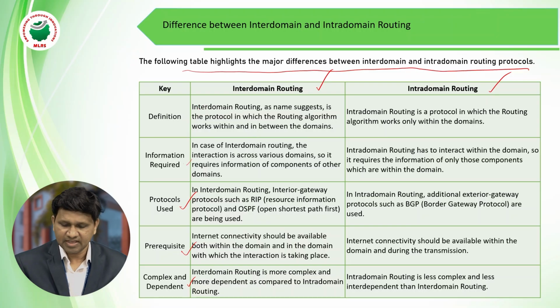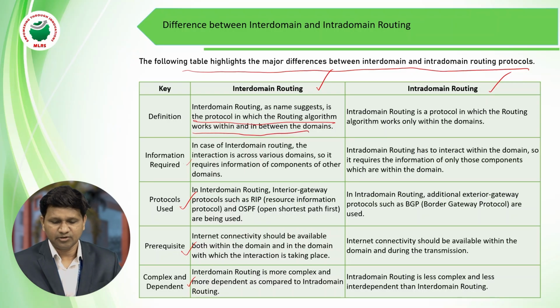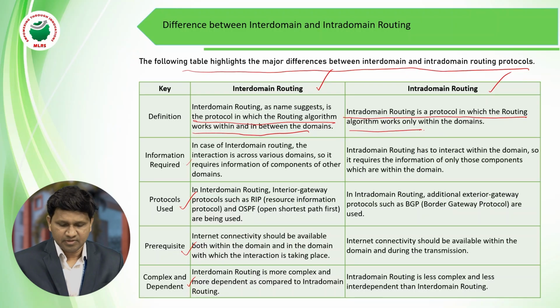Inter-domain routing, as the name suggests, is the protocol in which the routing algorithm works within and in between the domains. Inter-domain, in the sense that with different domains we can exchange the information. Intra-domain routing is the protocol in which the routing algorithm works only within the domain.